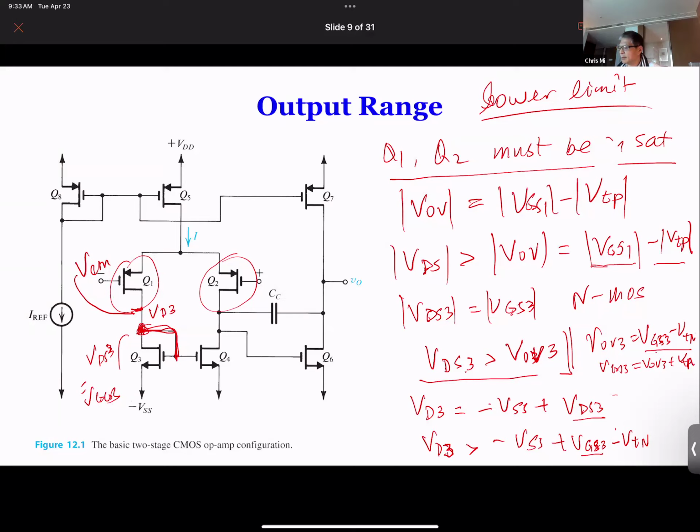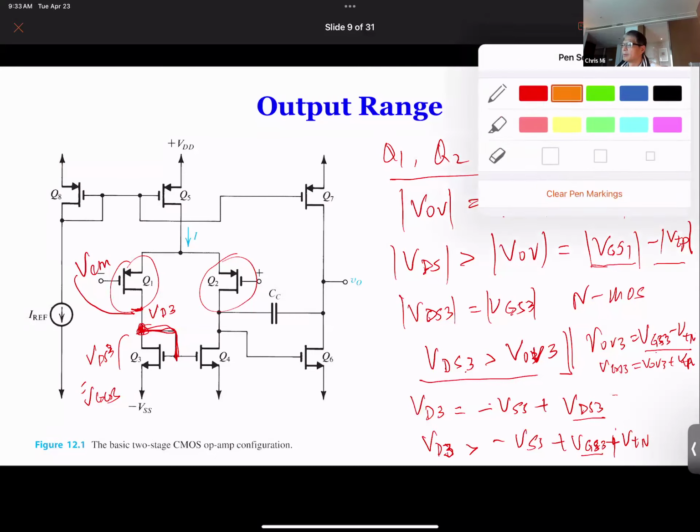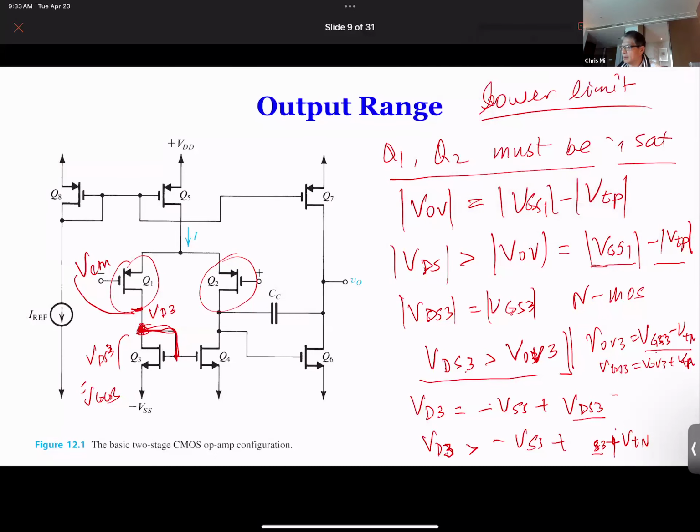Okay, so plus VTN. So it should be plus VTN. But VOV3. Here it's a little bit tricky in identifying these numbers because I can rewrite this in the next slide.